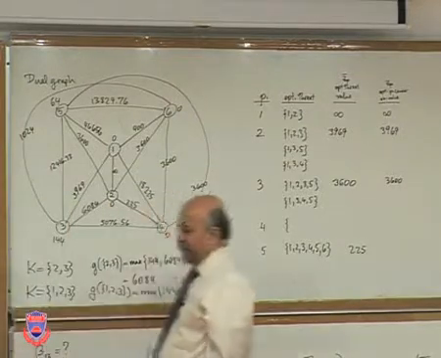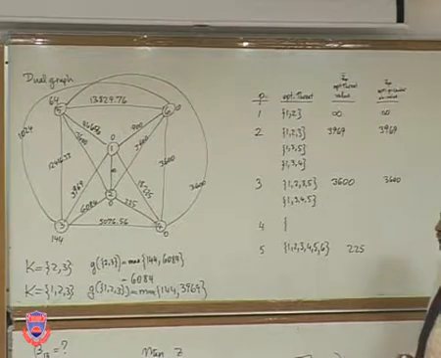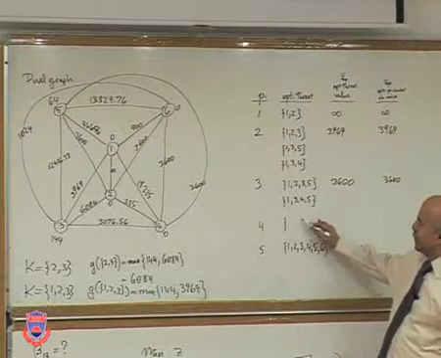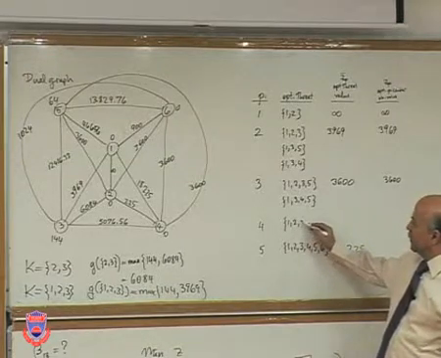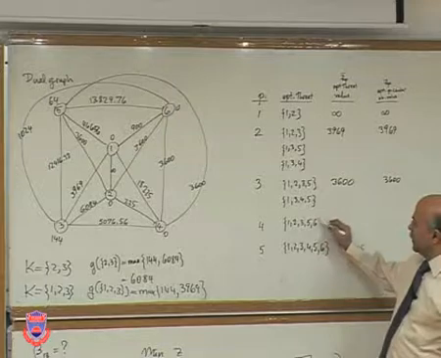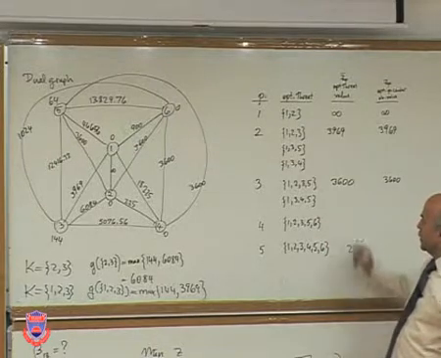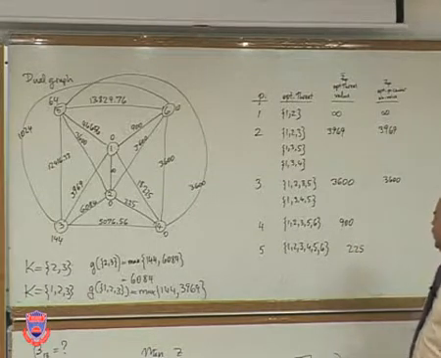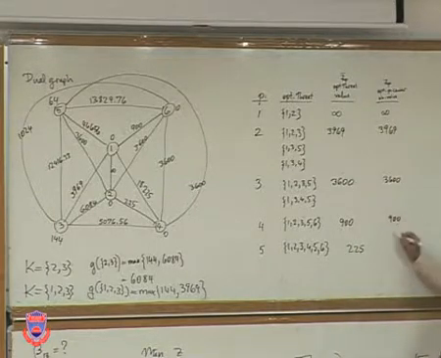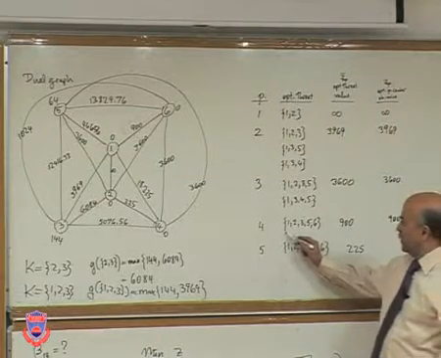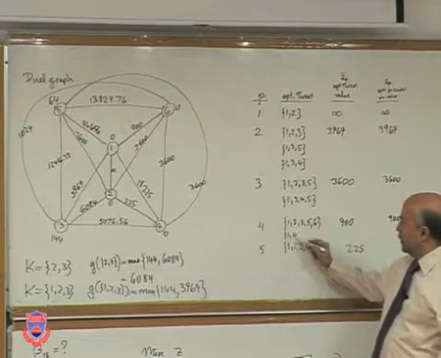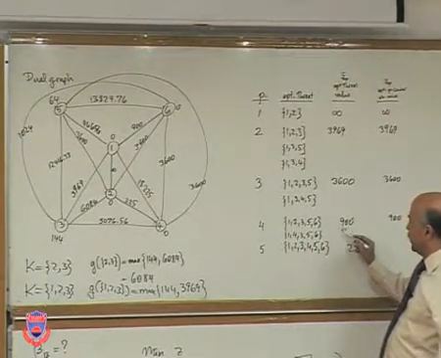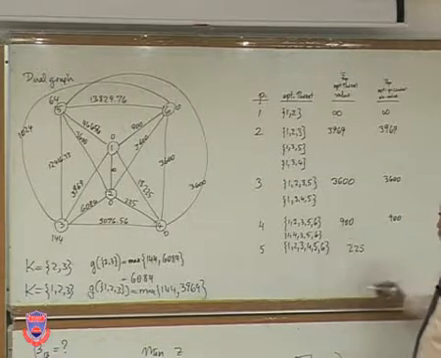Well, again, my numbers are different, so I can't do it here. 900. 1, 2, 3, 5, 6. 1, 4, 3. Just a second. How much is the cost? 900. Could be. Another one? 1, 4, 3, 5, 6. This one is also 900, huh? Yeah, I hope so. Okay.